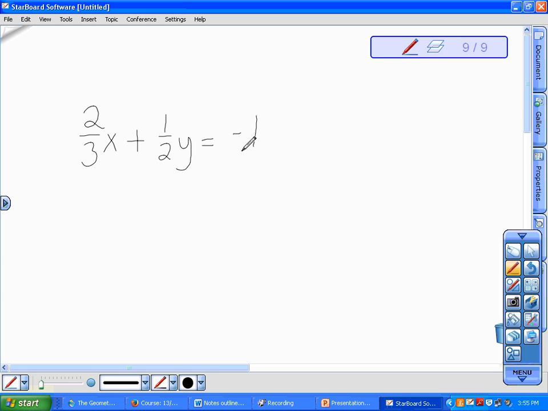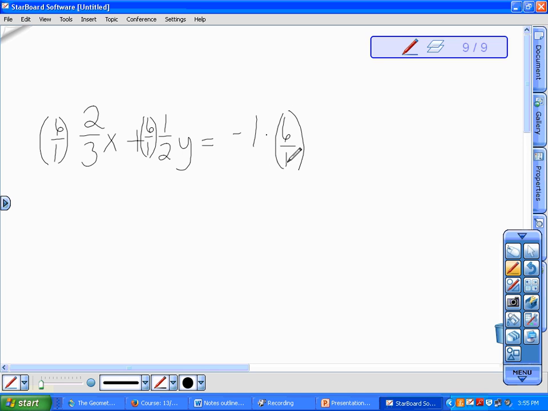One strategy we discussed in class is to go ahead and multiply by the LCD. In this particular problem, the LCD would be 6. Therefore, I'm going to go through and multiply each and every term in the equation by 6 over 1. Do not forget to do it on the right-hand side of the equation as well.